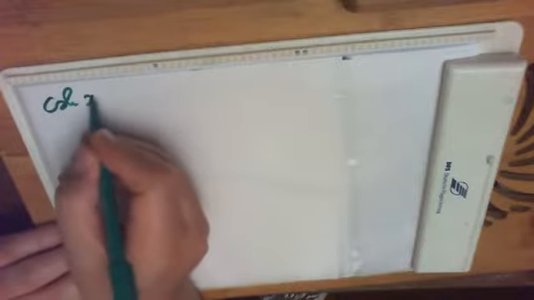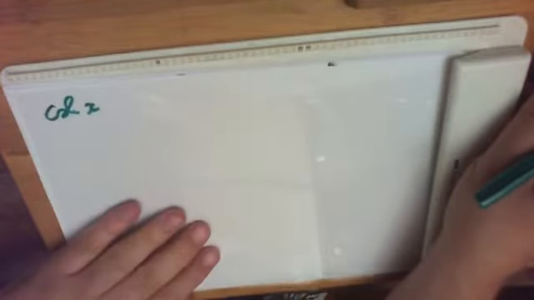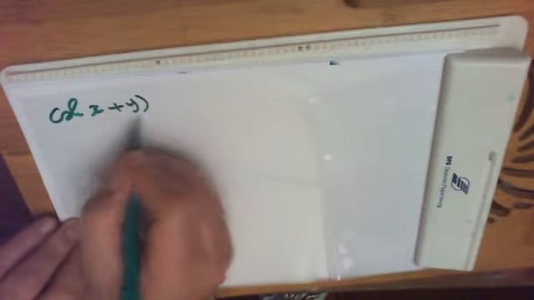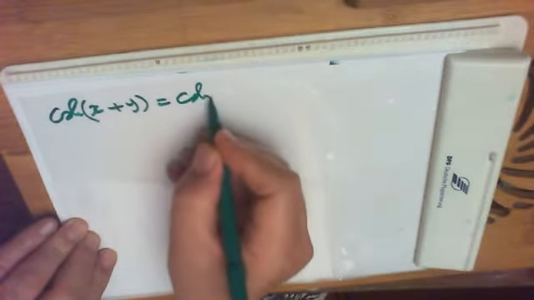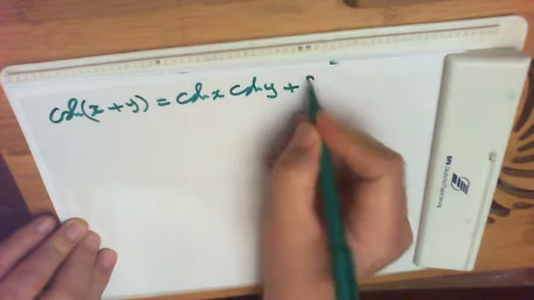Similarly, we can prove that cosh(x plus y) equals cosh x cosh y plus sinh x sinh y.